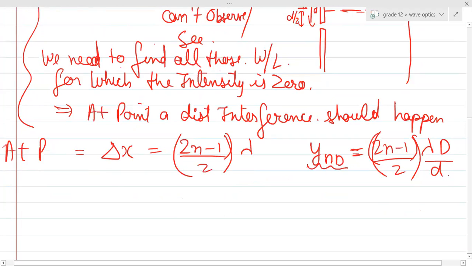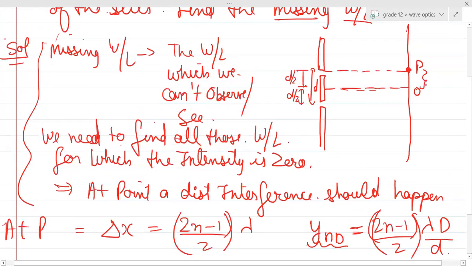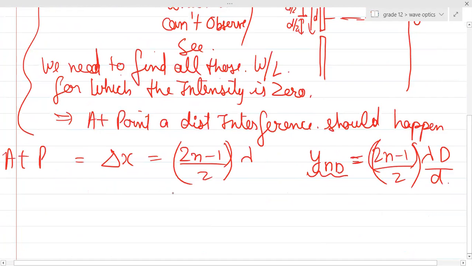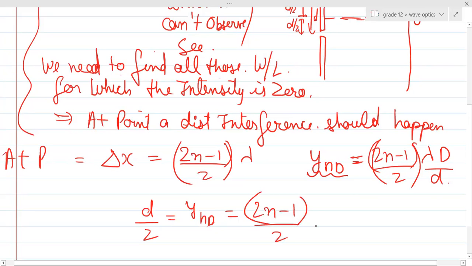Where do they want a dark fringe? At point P. So again this distance is d by 2, so I can solve it. d by 2 is equal to y nth dark, and this should be equal to (2n minus 1) by 2 times lambda D by d.